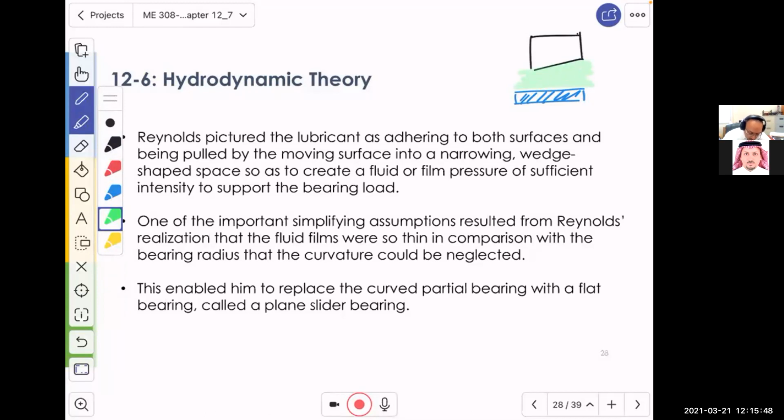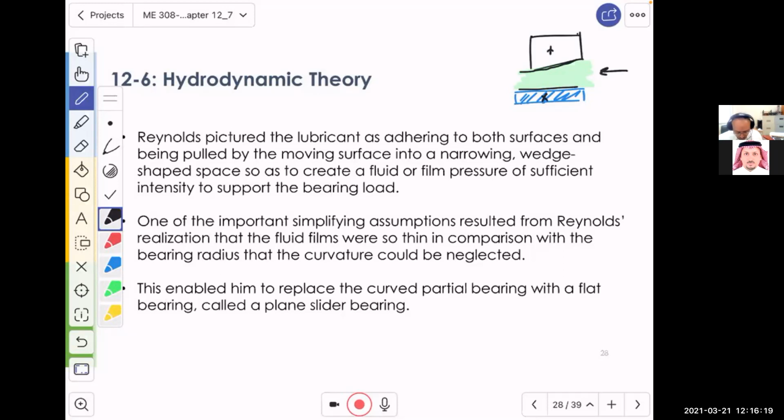And of course, this idea of adherence is pulling the fluid to the side. So the fluid is actually flowing, causing this little tiny pressurized filament, sufficient to prevent the top surface from coming in contact with the bottom one.